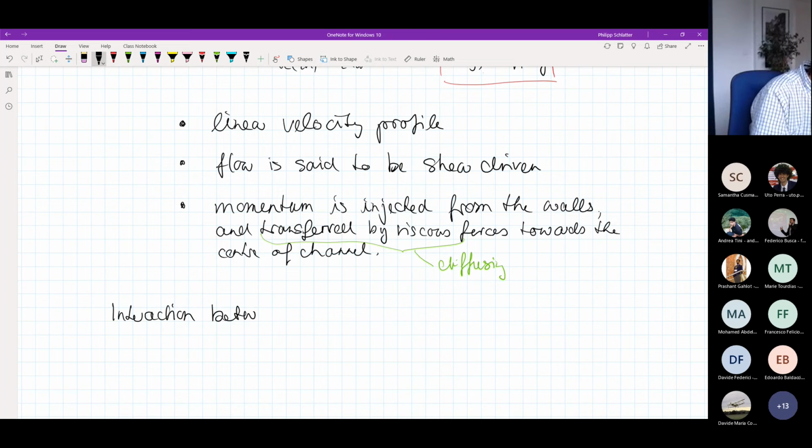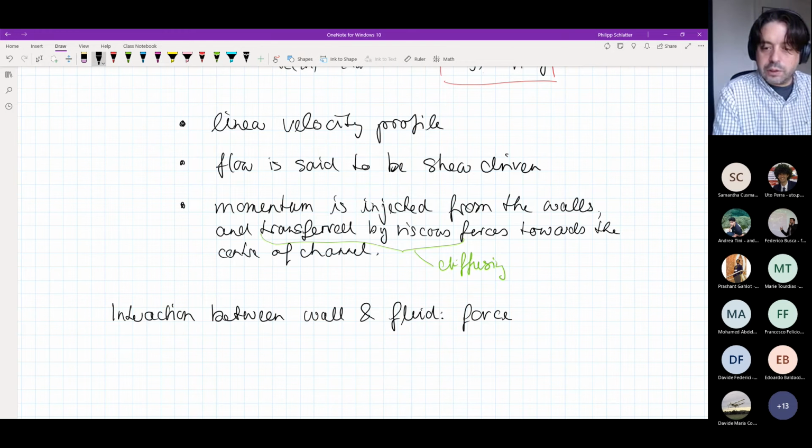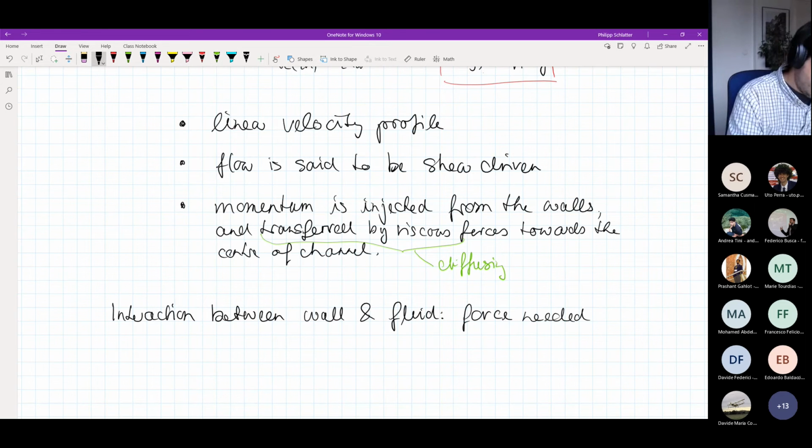between the wall and the fluid. And this interaction essentially means that there is some sort of force that will arise there, and this force, in the case of Couette, means that there is a force needed such that we can actually move the walls.